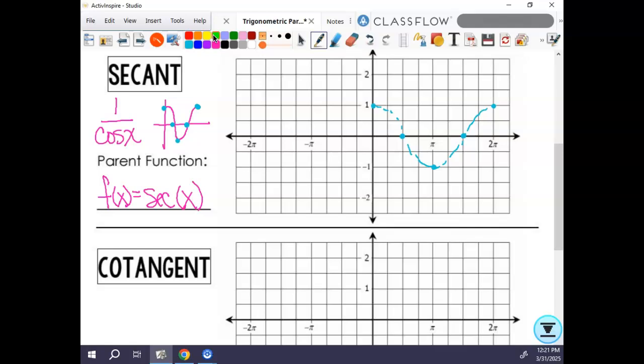And just like with cosecant, secant has a vertical asymptote everywhere that cosine is 0. So I know that I'm going to have a vertical asymptote here and here. Right? So your vertical asymptotes are still spaced out pi units away from each other, which means if this one's at pi halves, I'd have one over here at -pi halves, and I'll have one at -3 pi halves.